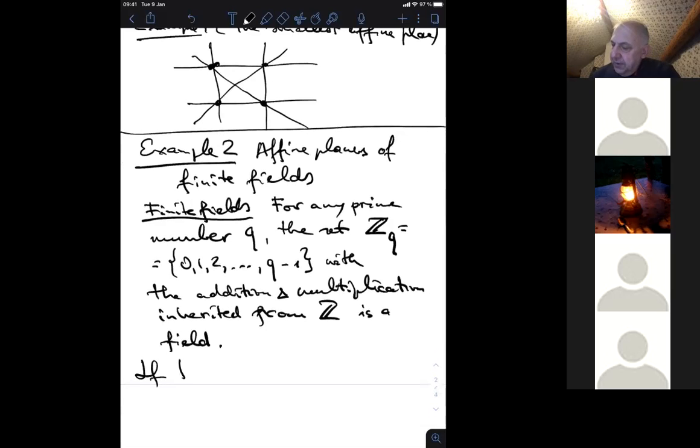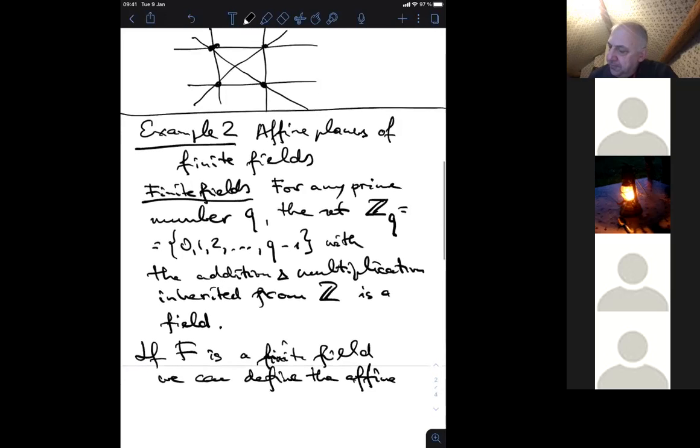If F is a finite field, we can define the affine plane, call it capital A with index F, as just the Cartesian product of F times F. And now I'll define the set of lines L as follows.